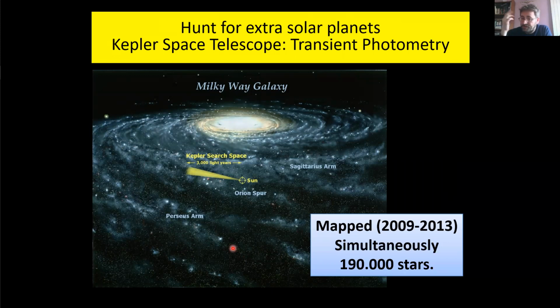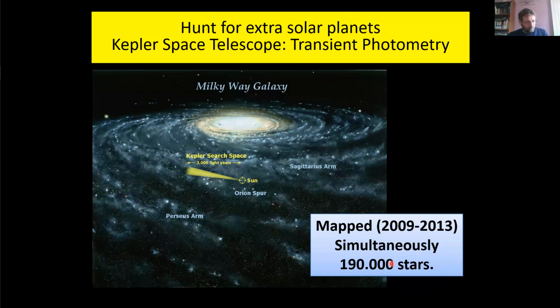Then comes the geometric consideration that if you want to see, the planet needs to pass in front of the star. What means you are very limited in the number of star systems that have the right line of sight. But nevertheless, 190,000 is a sufficient number.